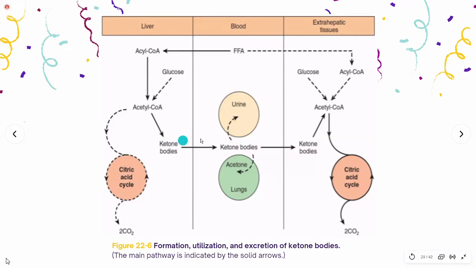Okay. Now, these ketone bodies in other, extrahepatic tissues can be utilized as a fuel through the citric acid cycle. Why can't these ketone bodies be used as a fuel in the liver? It is the producer of ketone bodies, and yet it cannot use ketone bodies as fuel. Extrahepatic tissues, that's why it's called extrahepatic, means tissues not including the liver.